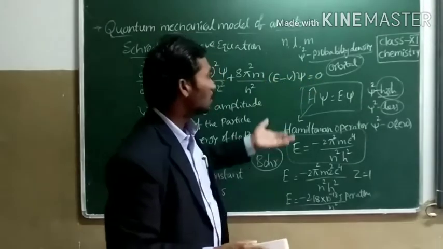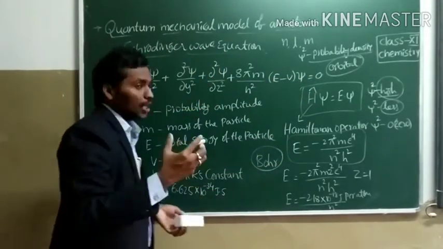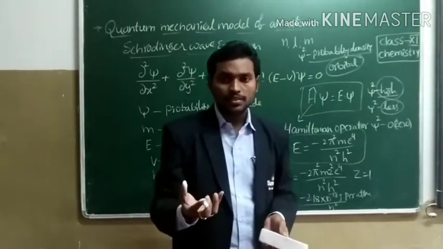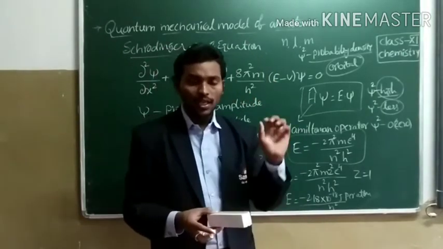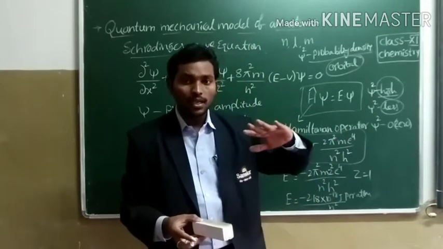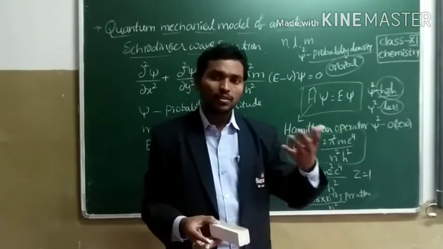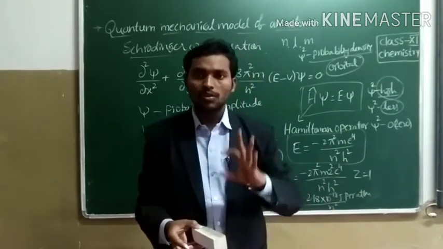So let us see the quantum numbers. If you want to denote the exact position of an electron in the space, as well as the size of the atom and the energy of the electron in the atom, we use three constants.